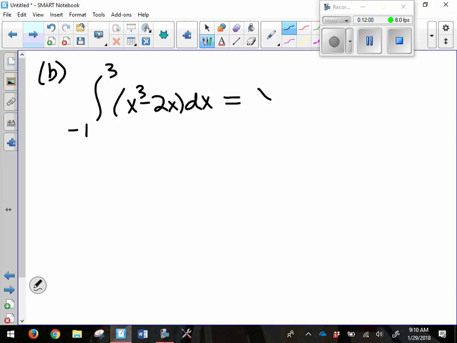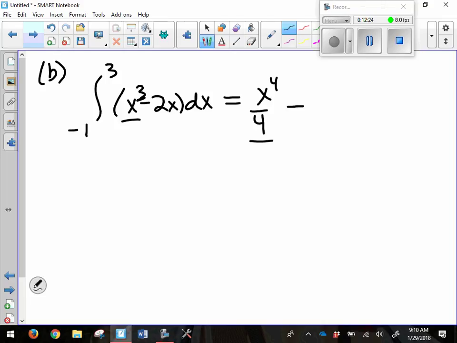X to the fourth over 4. I take my current exponent, I raise it by 1, I divide it by the new exponent. And remember, you can always check that I could take the derivative of this. I'd bring the 4 down, it would cancel with the 4 in the denominator, and I'd end up with x cubed, right?